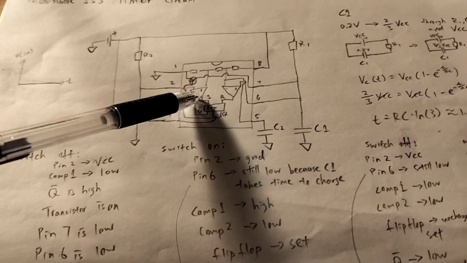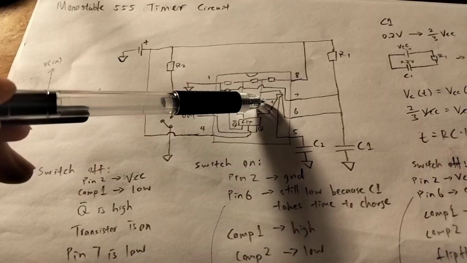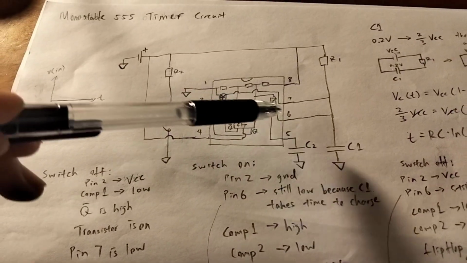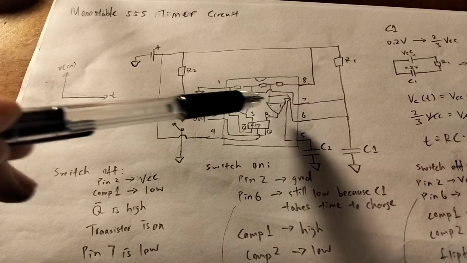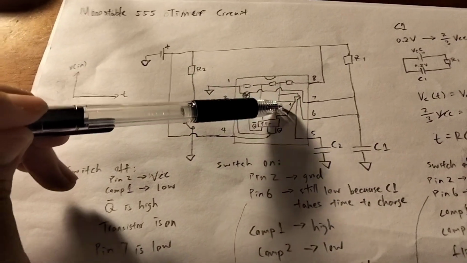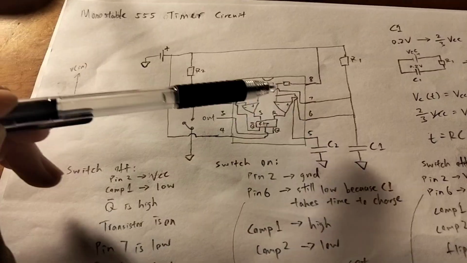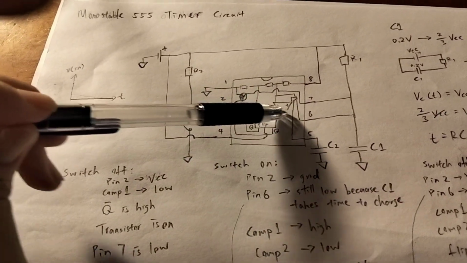But because the reset comparator still has to wait for the capacitor to charge, at the stage where we just press and release, this comparator is still outputting low. So this comparator goes high, then low, and this comparator is low the whole time.